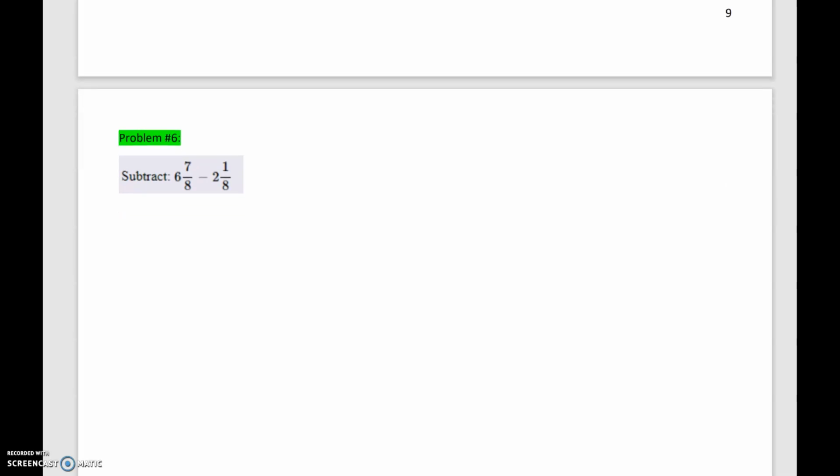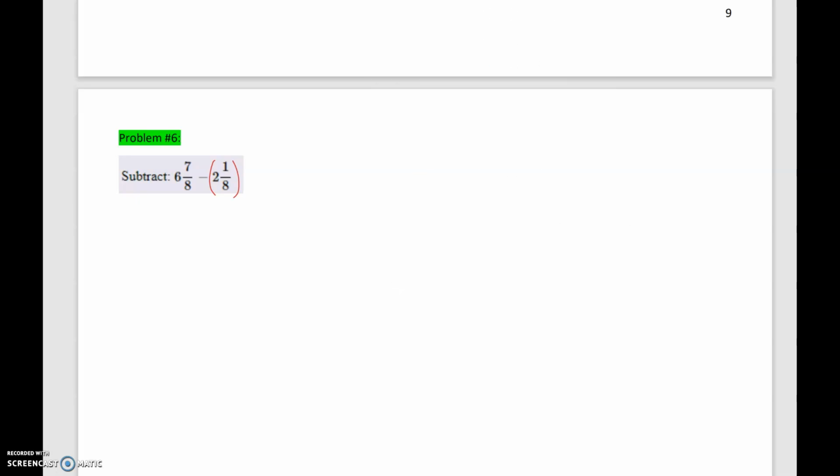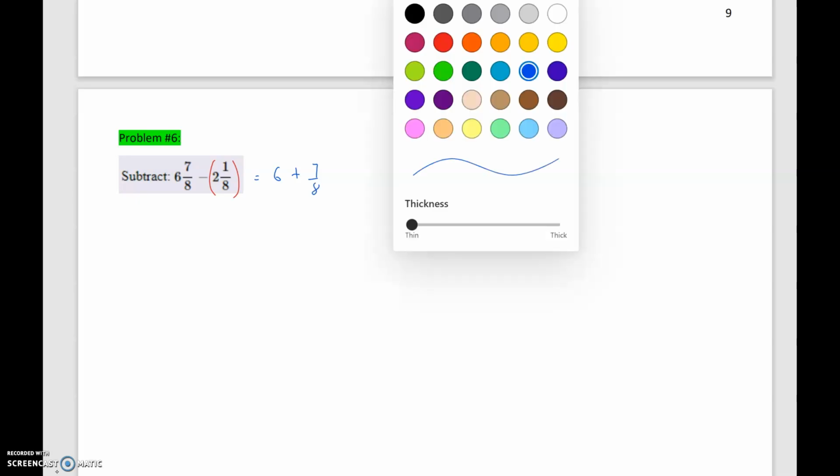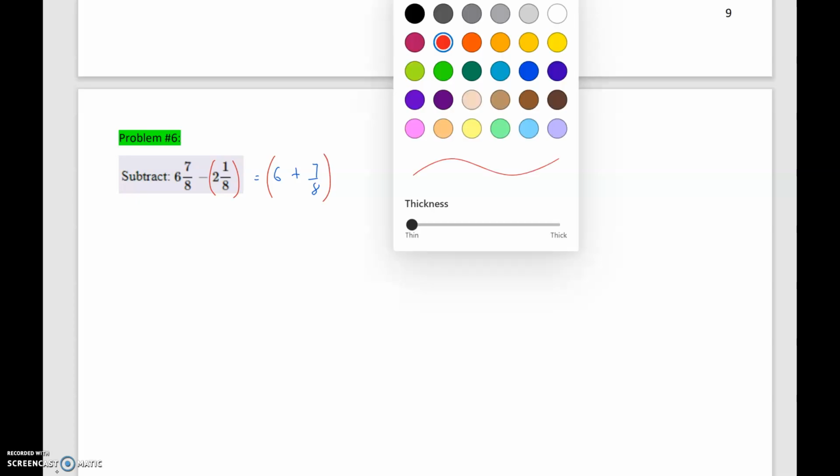And problem 6, what I'm going to do is I'm going to technically put a set of parentheses here and then expand the actual mixed numbers. So technically this represents 6 plus 7/8, and technically that one also has a set of parentheses, but there's no negative on the outside.